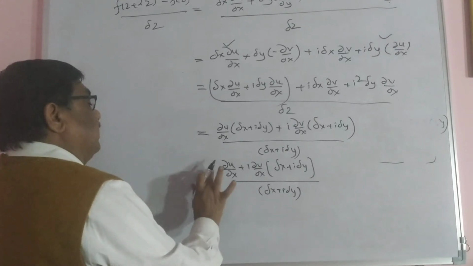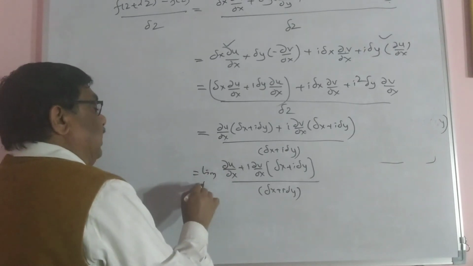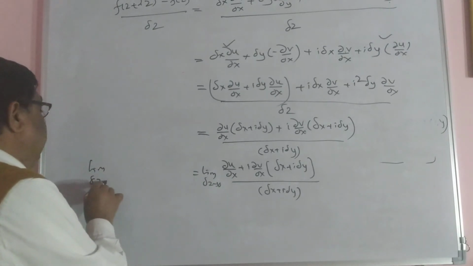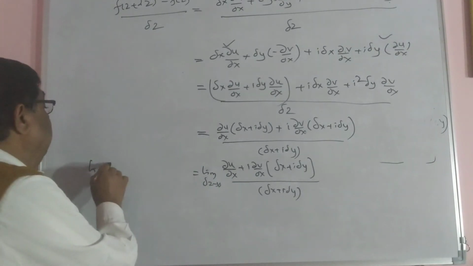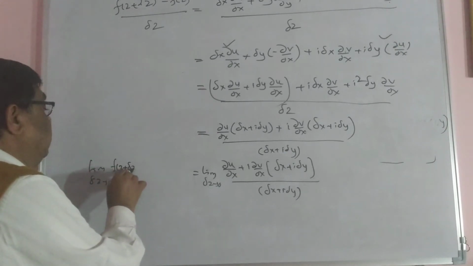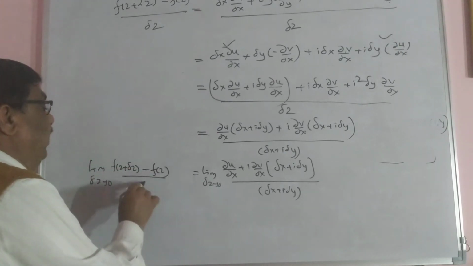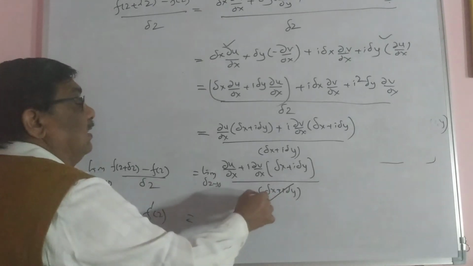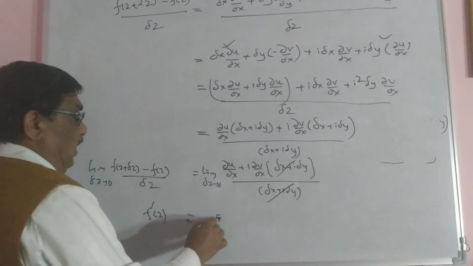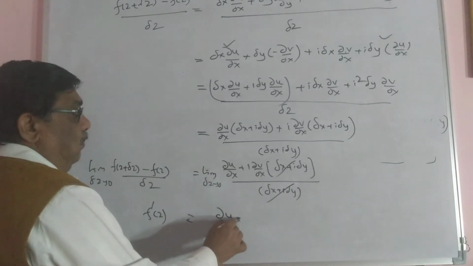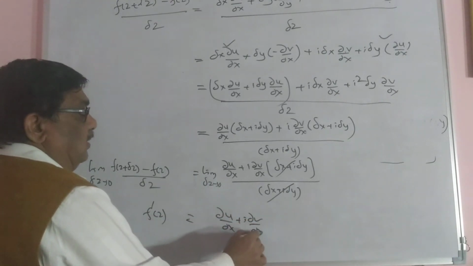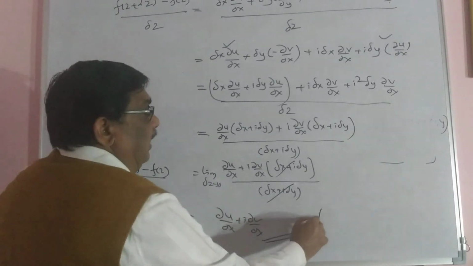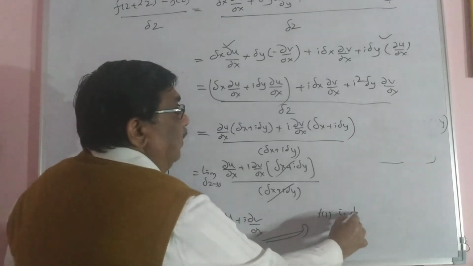Now take the limit as delta z tends to 0. Here the left side is f of z plus delta z minus f of z divided by delta z, which is f dash of z, and on the right this cancels, so there is no limit of delta z. So f dash of z equals ∂u/∂x plus i ∂v/∂x. This implies it exists, so f of z is differentiable.